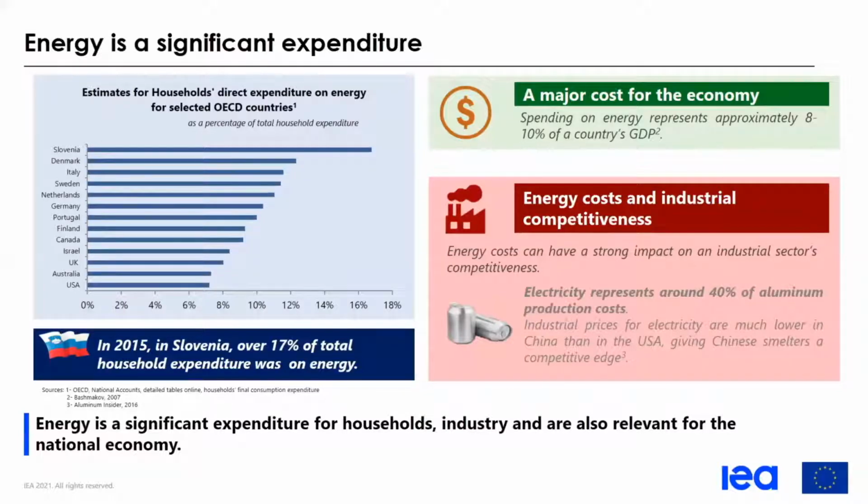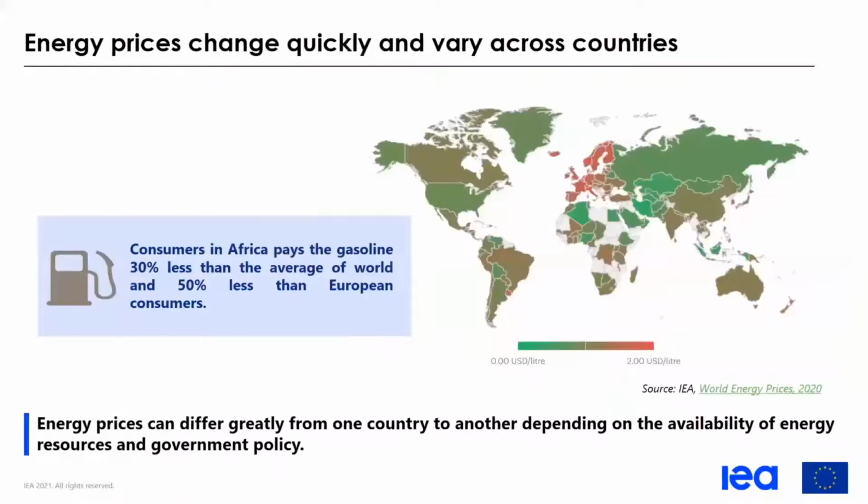This is true especially for energy-intensive processes, such as aluminum production, for which energy costs can represent around 40% of the production costs. For all those reasons, it is very important to track energy prices in our country and to have an international methodology that allows us to compare prices across the world.